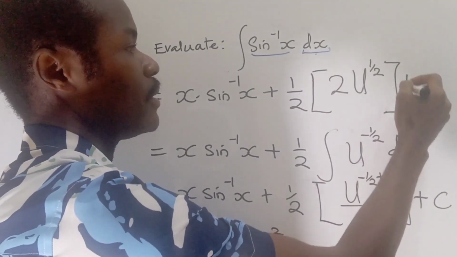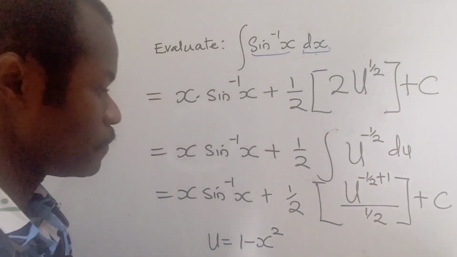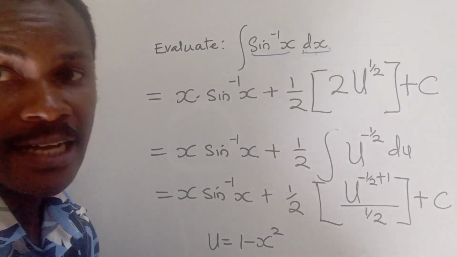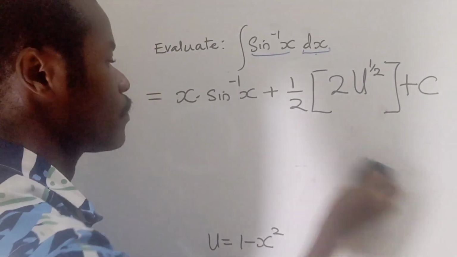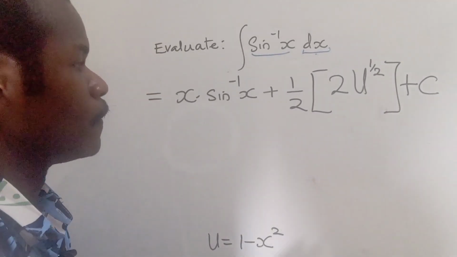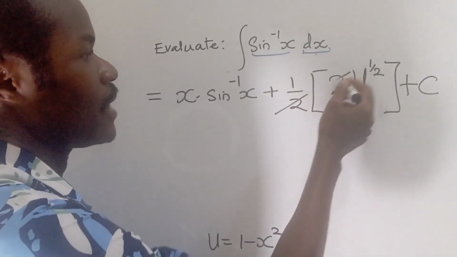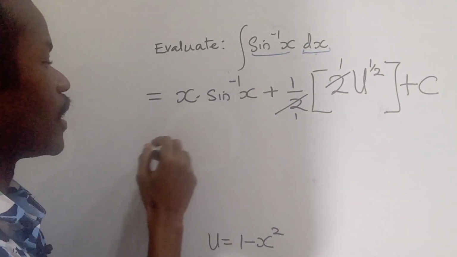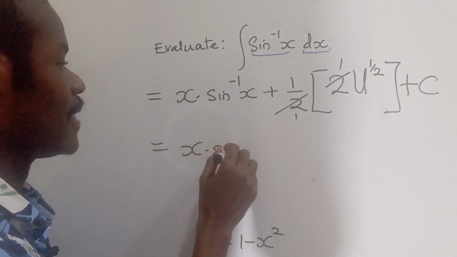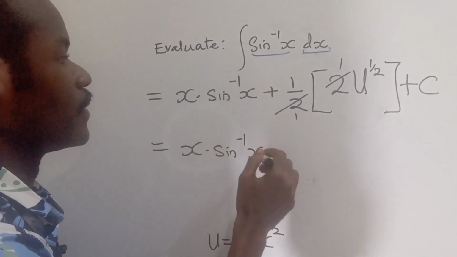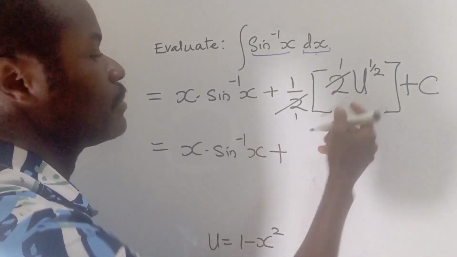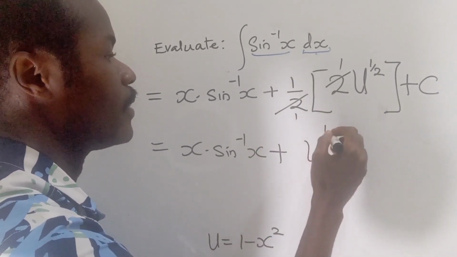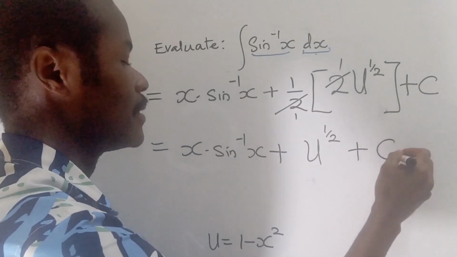So we have that plus c. From that, we can finish this up by observing that this can cancel out this, which is 1. So we are left with x multiplied by sine inverse of x plus 1 times u to the power of half, plus the constant.